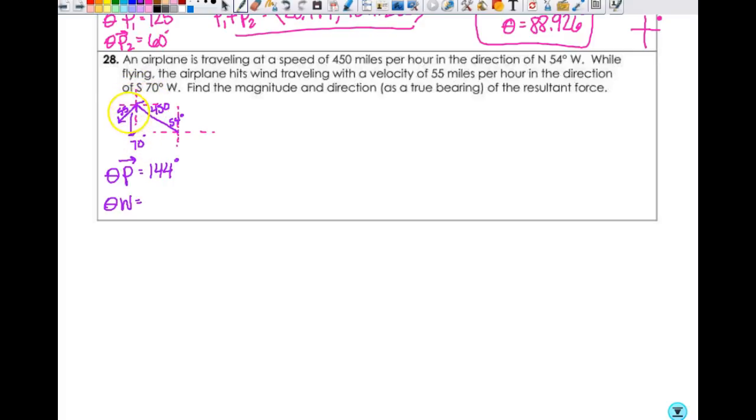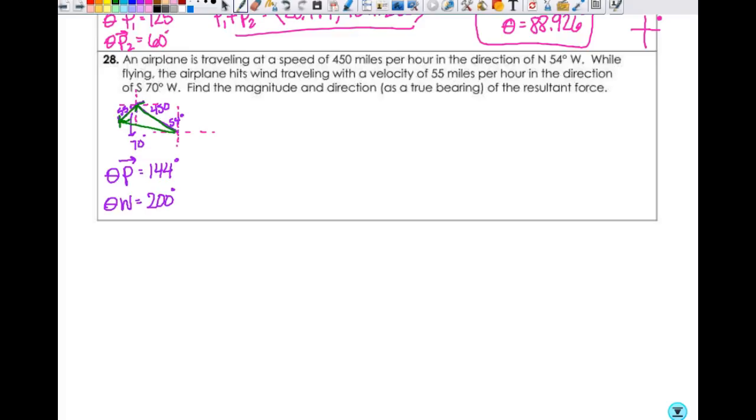And then if this is 70, it has 20 more to go to get up here. So that means it's going to be 180 plus 20. That's 200 degrees. There are my thetas. Okay. So when I draw in my resultant here, oh, I have too many arrows. Okay, these are the vectors. This is my first vector right here. This is my second vector. So my resultant looks like this.